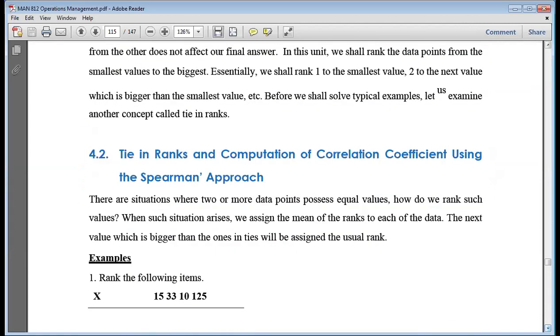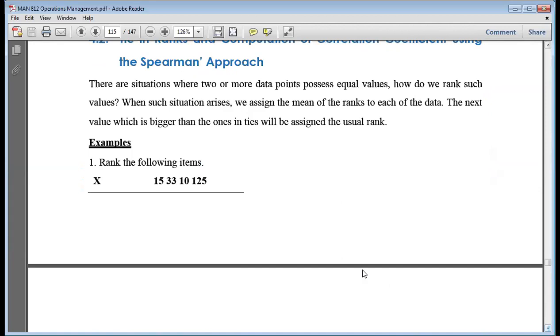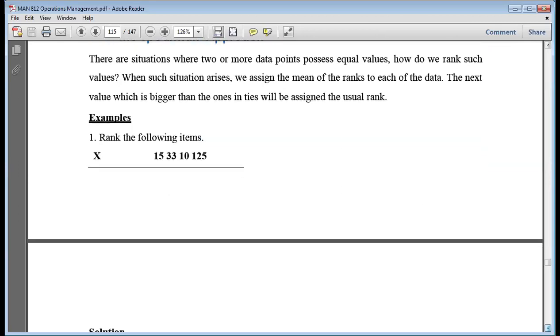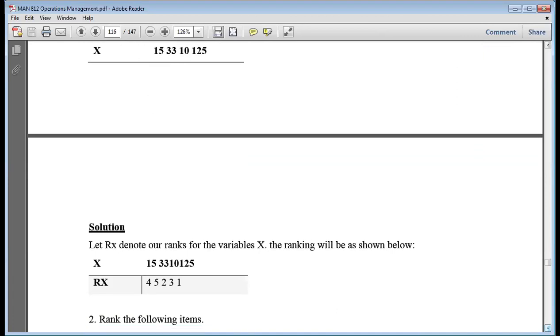Let's now do the tie in rank. Let's use this example. The following item is the first one you share; let's say this is X. You want to rank it.